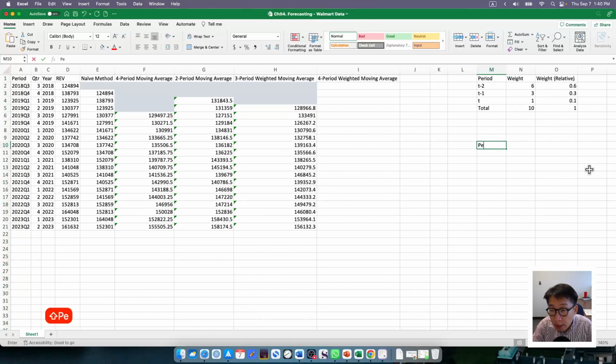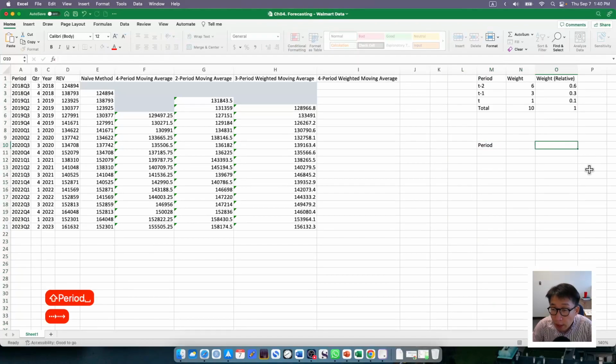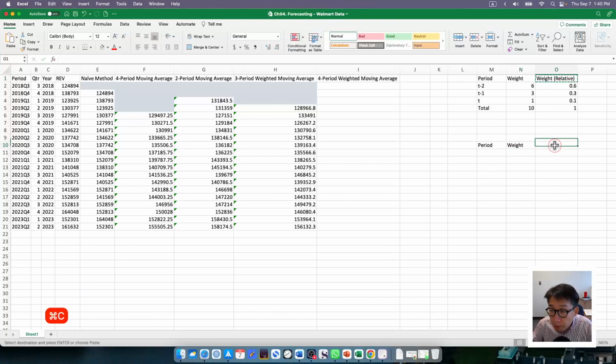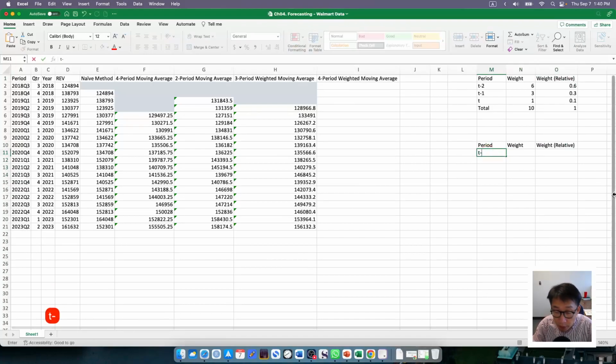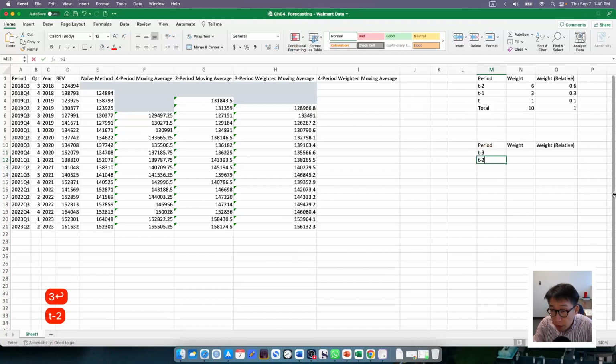Obviously we're going to need another period, weight and relative weight columns. Since this is a 4-period, you will start with t minus 3, t minus 2, t minus 1, t, which is the time point you're currently living in, and t plus 1, which is being predicted, but we're not including this in the weight table.